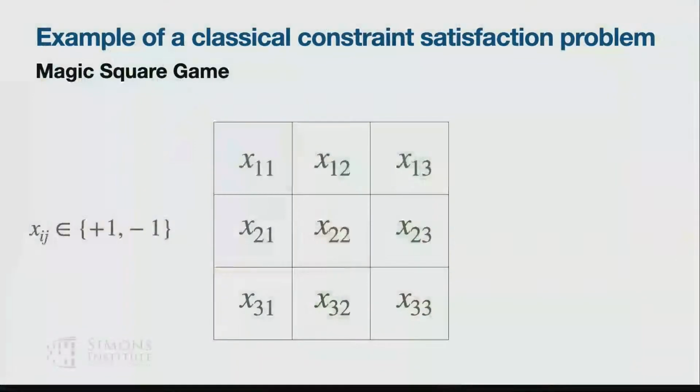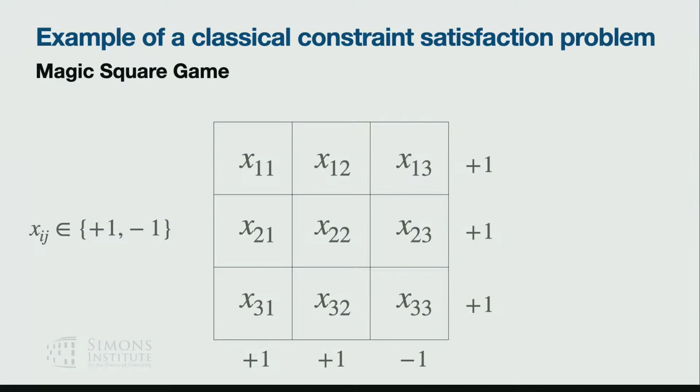So the first one, a very simple constraint satisfaction problem known as the magic square game. We have a bunch of variables arranged in this 3 by 3 square, and each variable can take a value in the set {-1, +1}. And there are a bunch of constraints. In particular, we want the rows and columns to multiply to +1, except for the last column where we want the product to be -1.